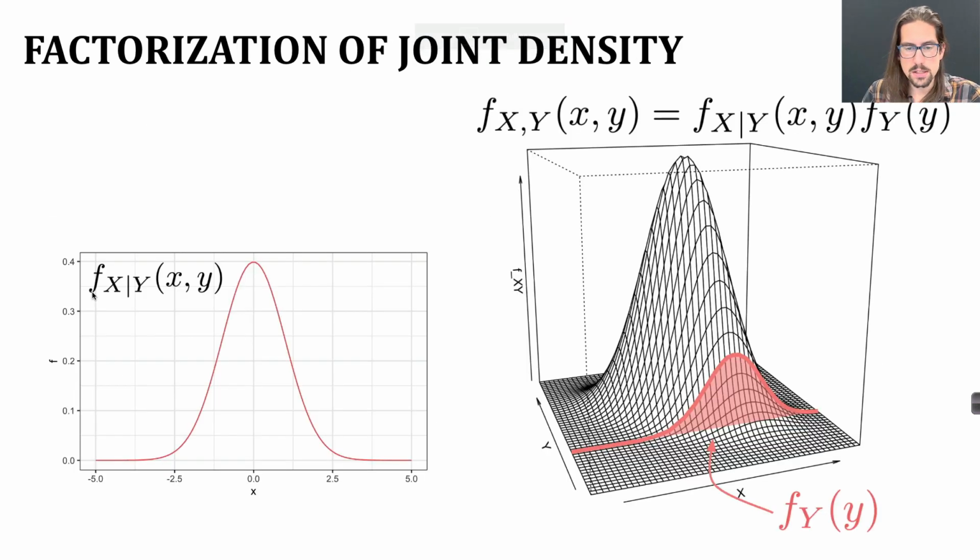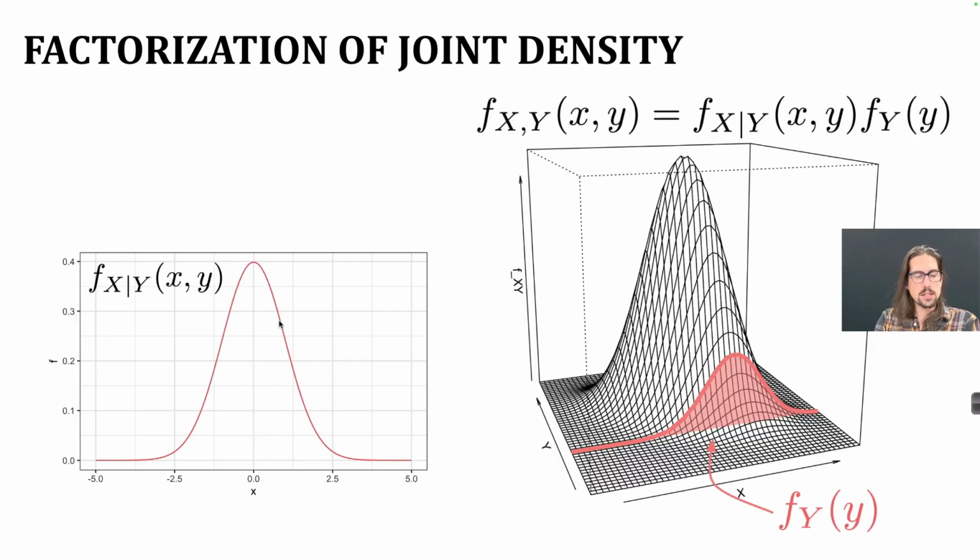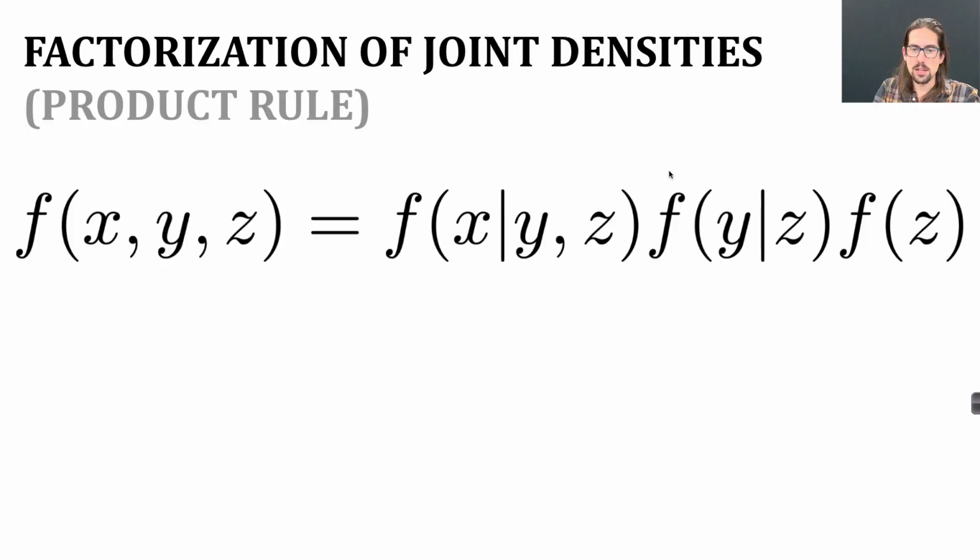And then lastly, we can talk about this for discrete random variables where these counts make sense, but it's also the case for continuous random variables for the same reason: if you're defining the conditional density as the ratio of the joint and the marginal, then just by moving the marginal over, you can see that this factorization occurs, and indeed that you can do this for multiple random variables as well.